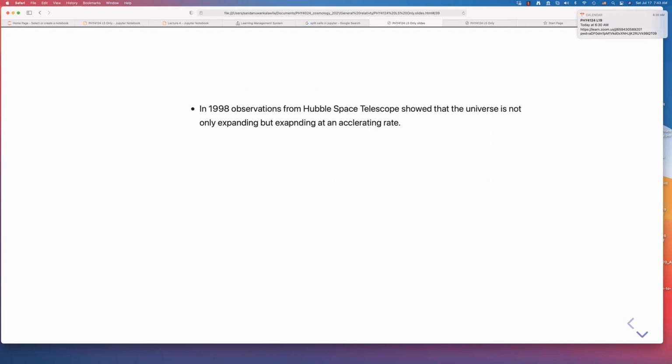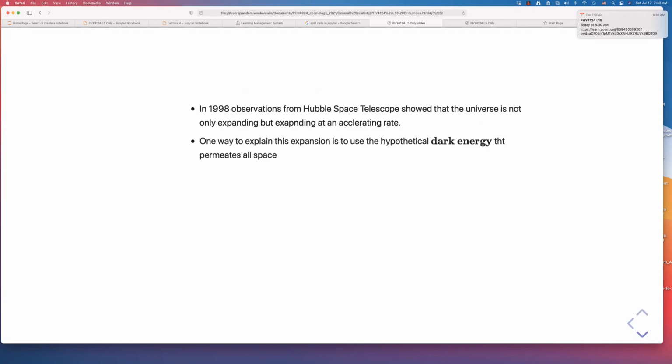But for here, as a fact, just take my word that in 1998, observations from the Hubble Space Telescope found that the universe is not only expanding, but expanding at an accelerating rate.